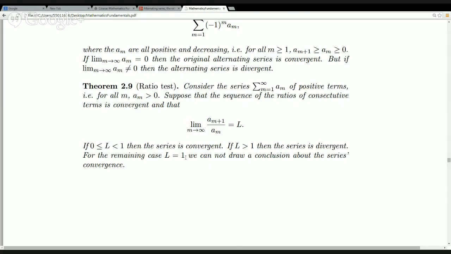And so the series, the sum of a_m, will be acting approximately like another type of series that we know about.